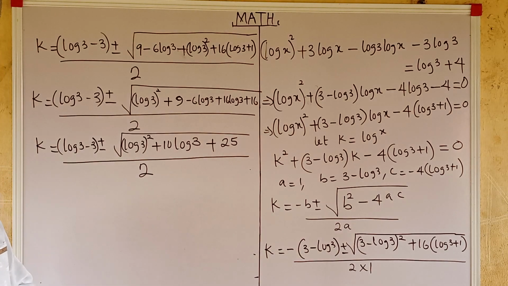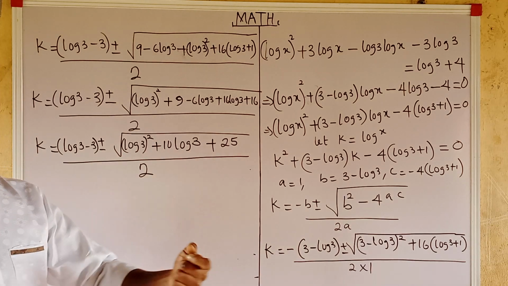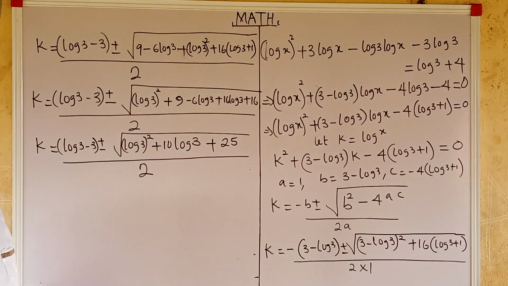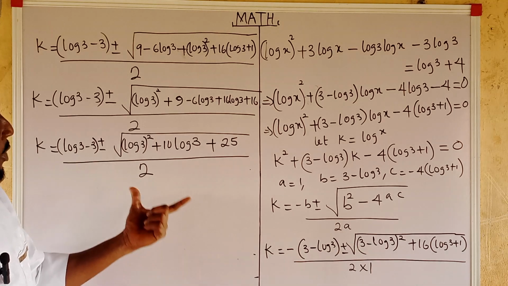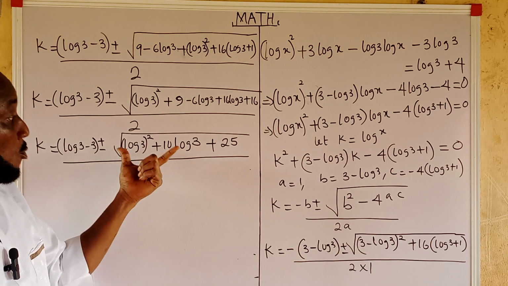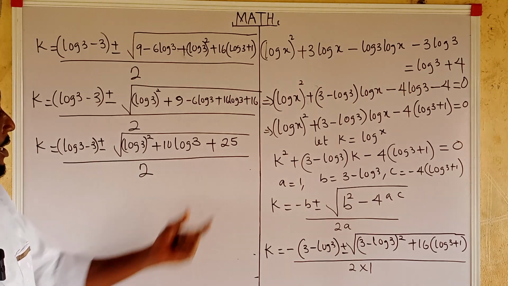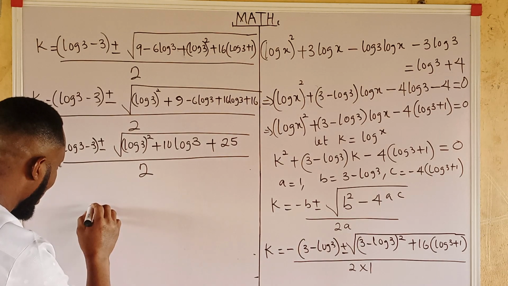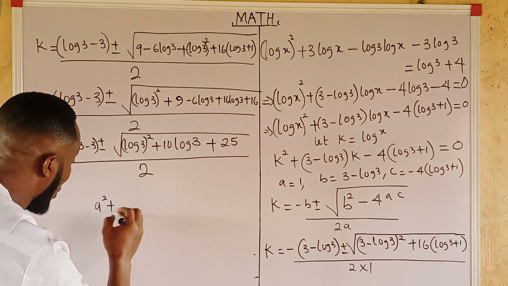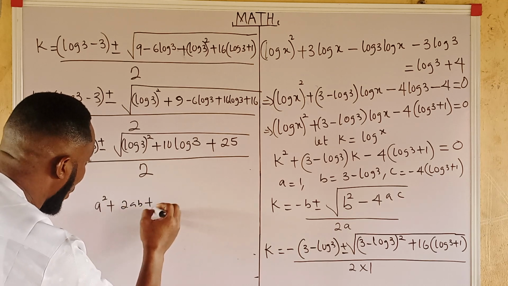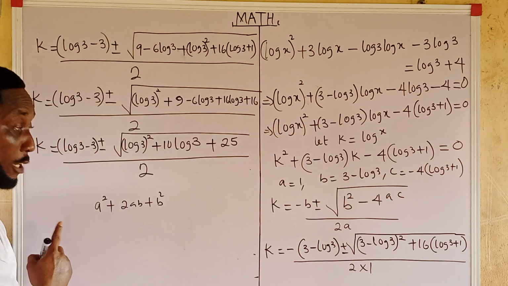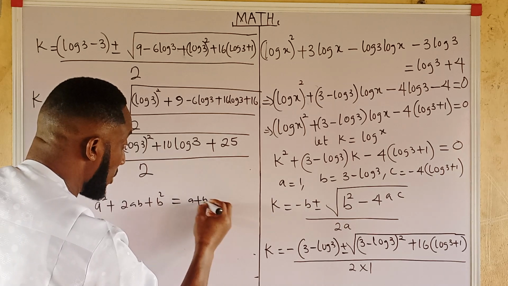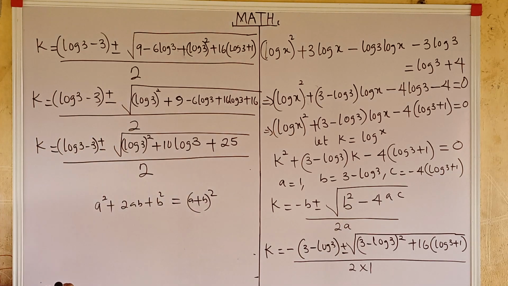Okay, guys, we've done very well. We cannot say the problem is complicated. Our mandate is to simplify it for better understanding. If you take a look at the quadratic inside this radical sign, 25 is a square number, which is 5 squared. Anytime you have a squared plus 2ab plus b squared, this can be written as (a plus b) whole squared.